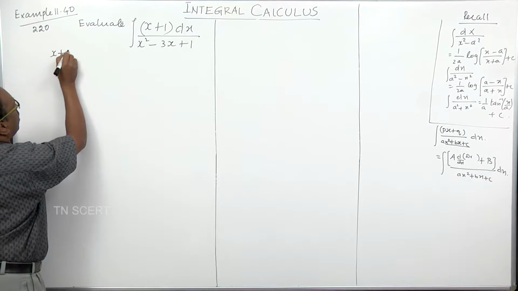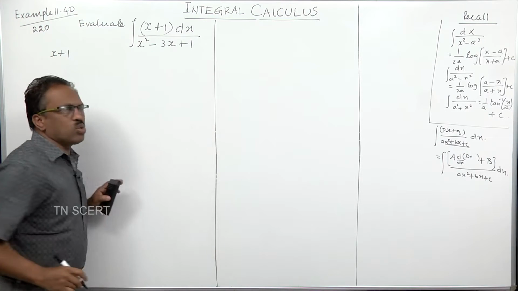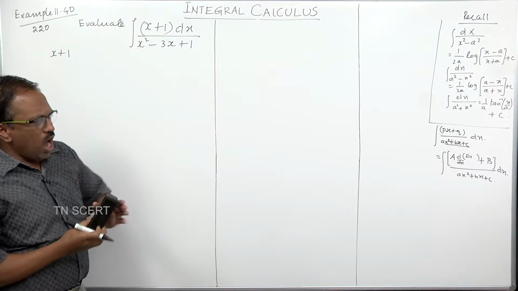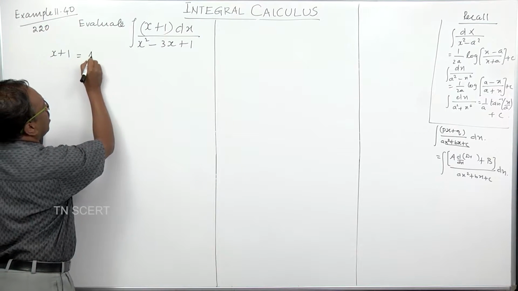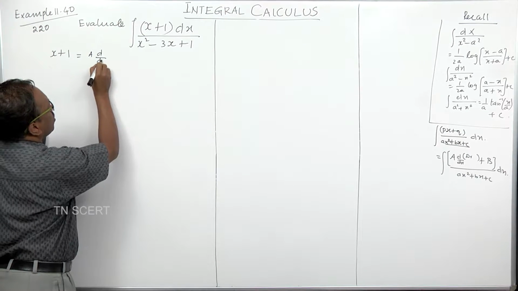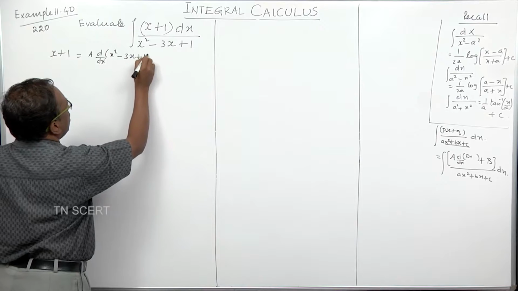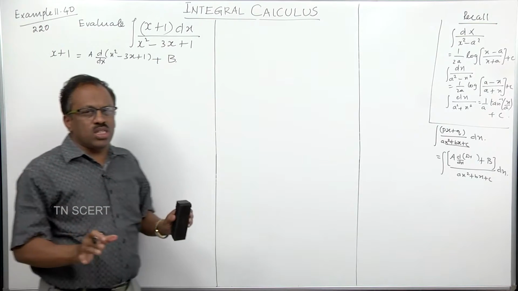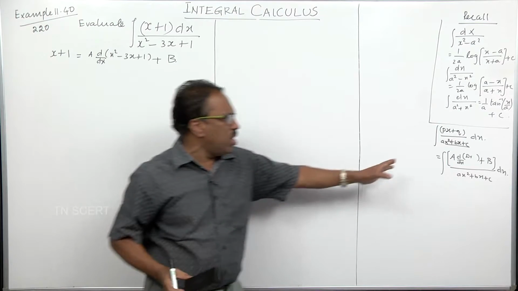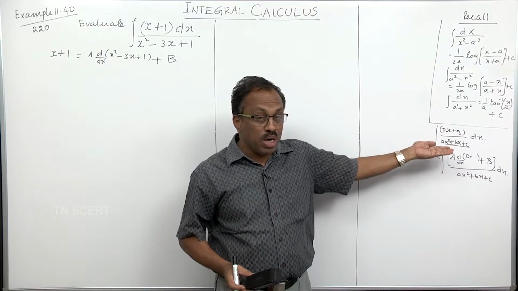What is the problem? x + 1 in the numerator and x² − 3x + 1 in the denominator. As I told you, I am going to split the numerator as A times the differentiation of the denominator, x² − 3x + 1, plus B. At the first stage, by seeing it, you have to recall these things that I have separately written.